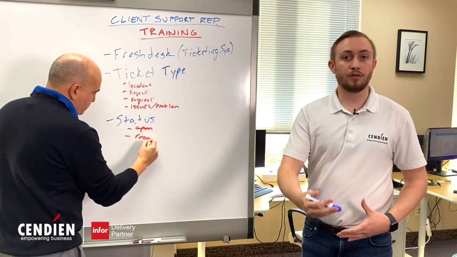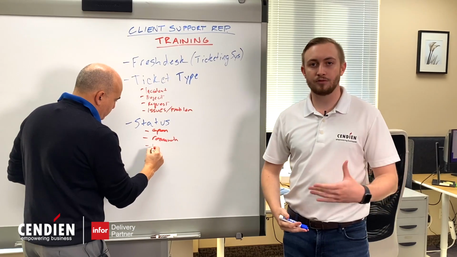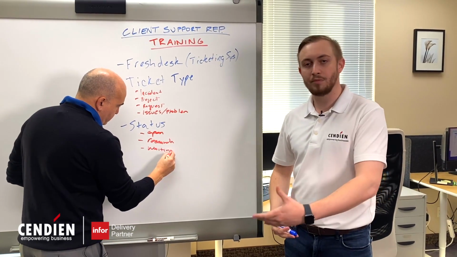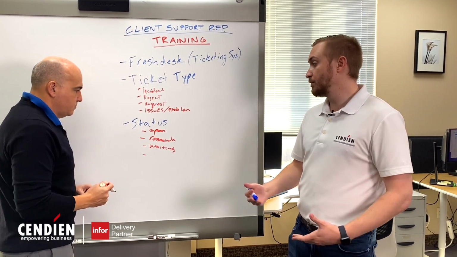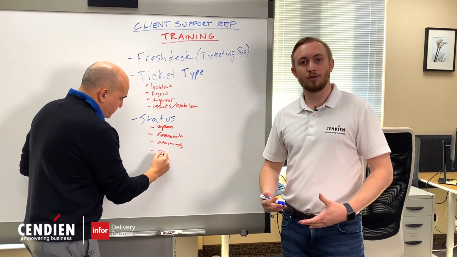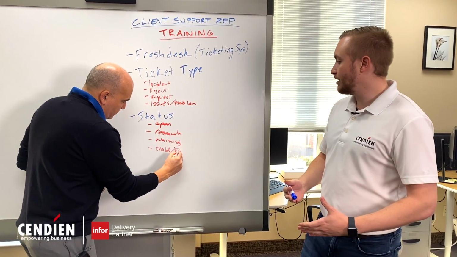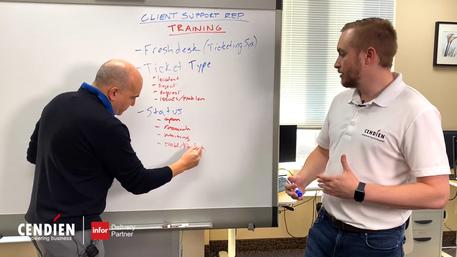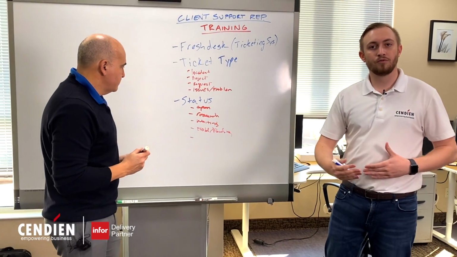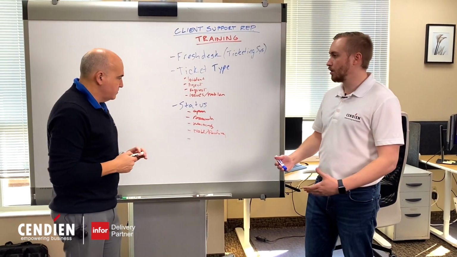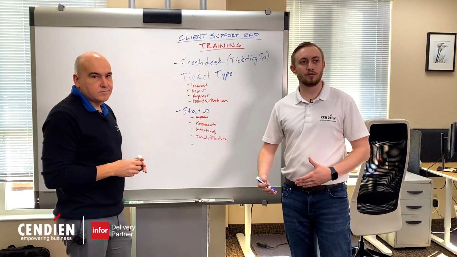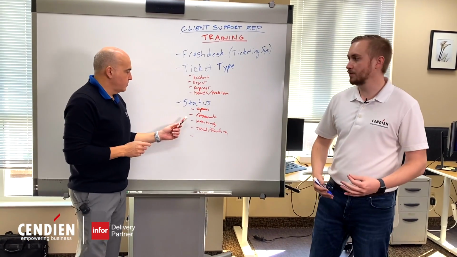It could be waiting on the customer if there is an outstanding item that needs to be reviewed by them. It could also be on hold or pending. Those things are all important, and they will determine what we need to do for the next steps to get the issue resolved and move forward with the ticket. So the status is very important for us to keep track of.